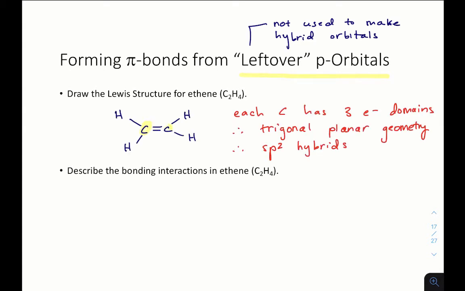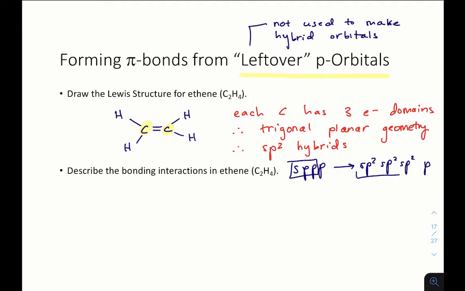Each of the carbons in ethene has 3 electron pair domains around it. Thus, they have trigonal planar electron geometry and are sp2 hybrids. Recall that we imagine that sp2 hybridization occurs by combination of the s orbital and 2 of the p orbitals to form 3 new hybrid orbitals.